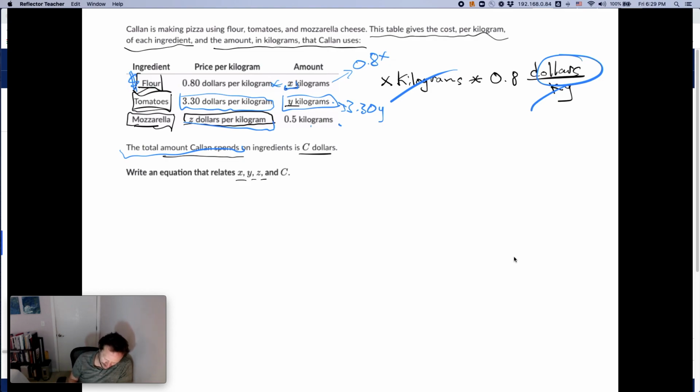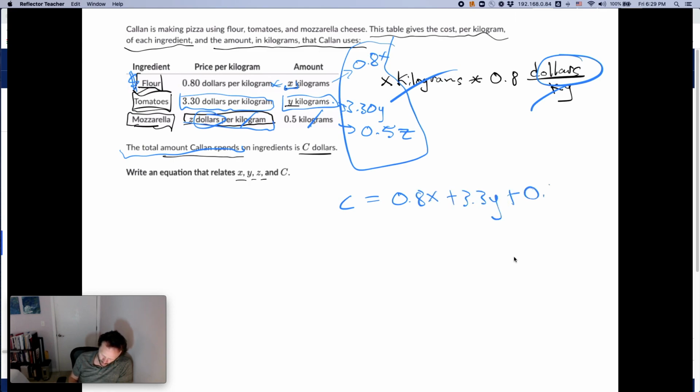Well, they didn't make it very interesting. It's just 0.5z. And you add all these up, and you get the total amount spent, right? Dollars per kilogram, the kilograms still cancel, the dollars are on top. C equals 0.8x plus 3.3y plus 0.5z.